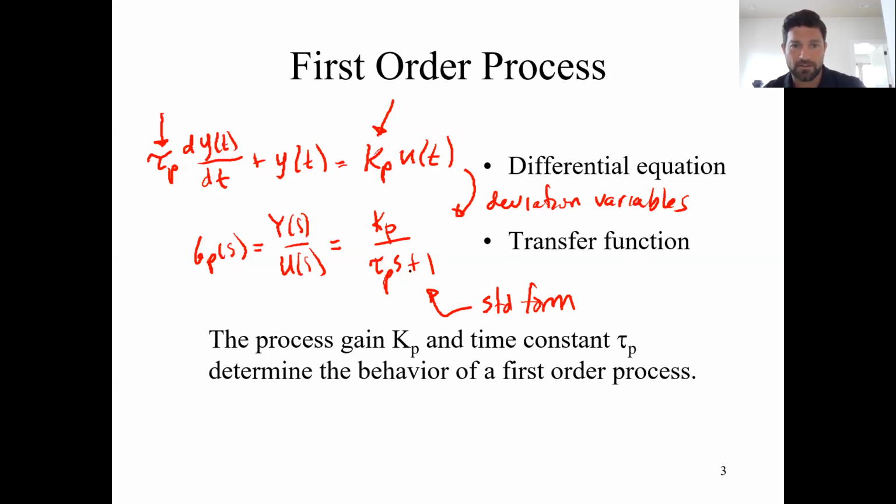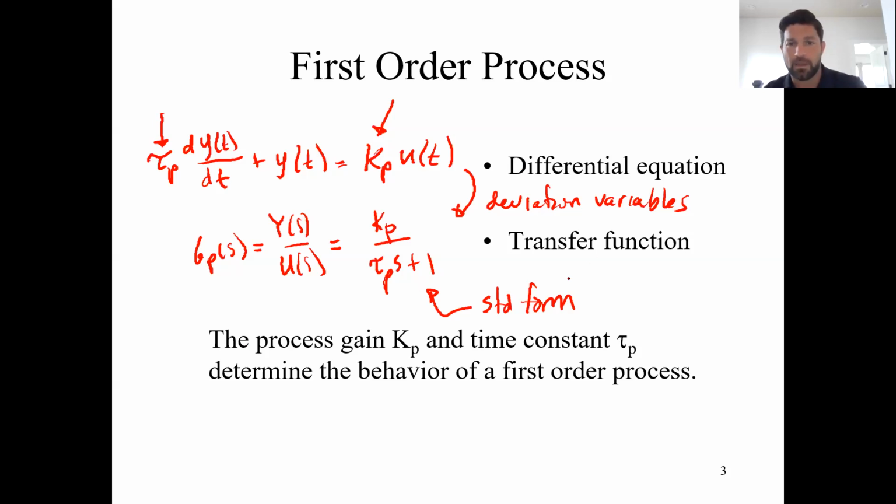To have it in standard form means the constant term of the polynomial on the bottom is plus 1. We'll look at a couple of examples to see how that works.